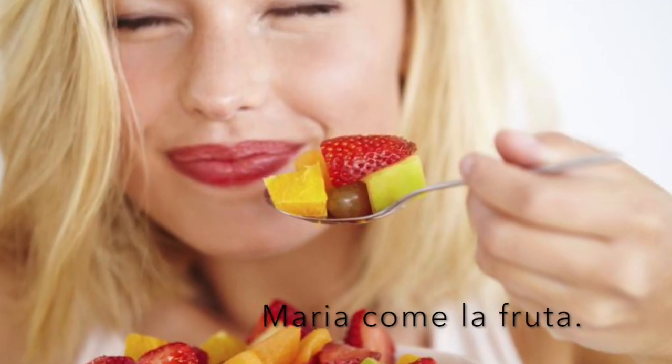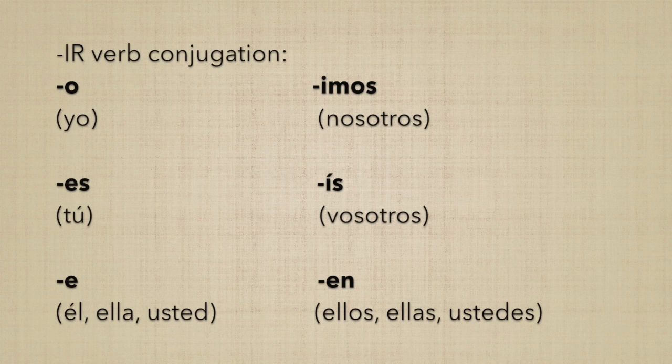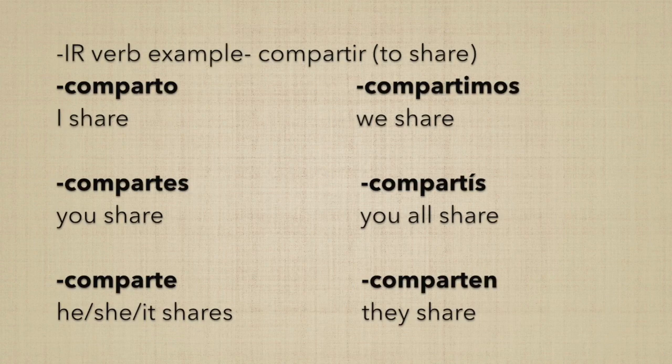María come la fruta. Last but not least, we have our IR verbs, which are very similar to the ER verbs, except they are different in the nosotros and the vosotros forms. So for the IR verbs, we have o, es, e, imos, ís, and en. An example of an IR verb is compartir.